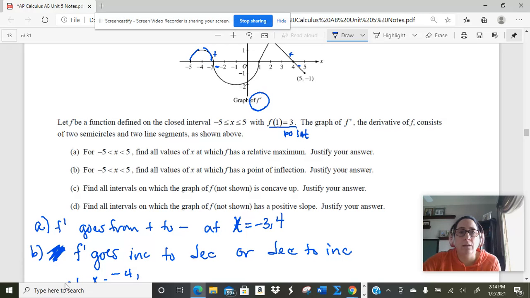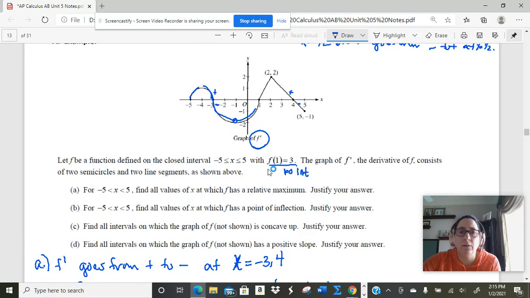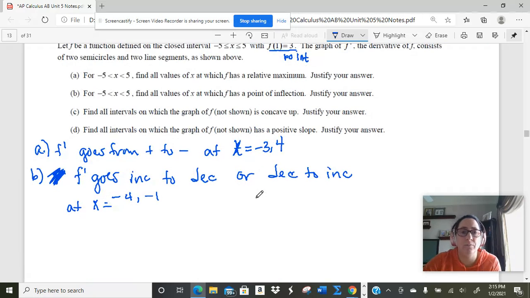I went from decreasing to increasing at -1. And increasing to decreasing at 2. So those would be where my points of inflection are.